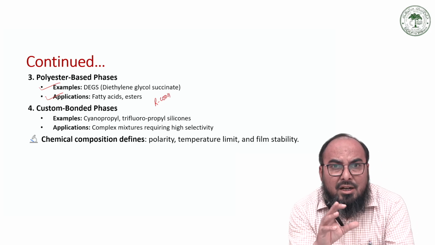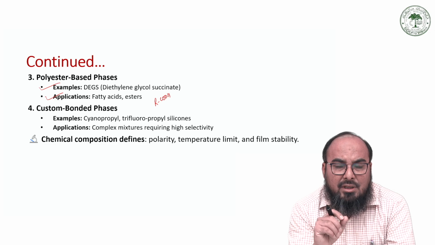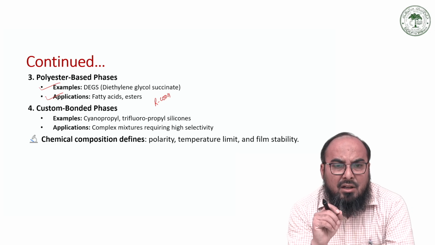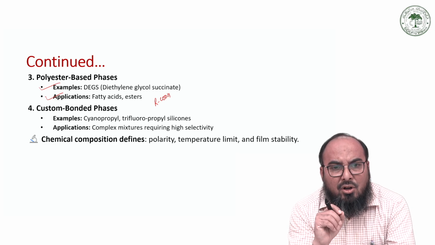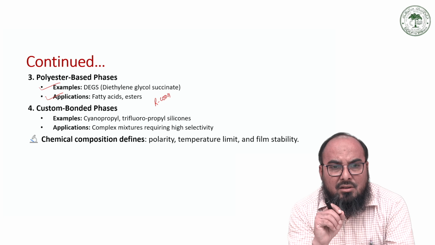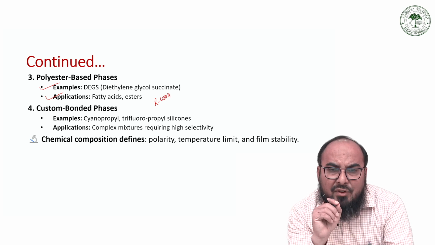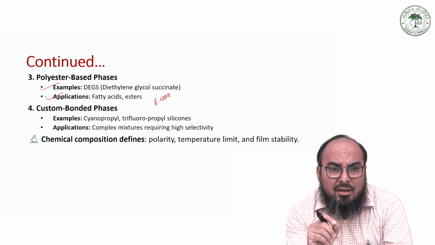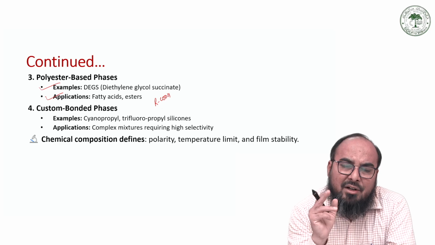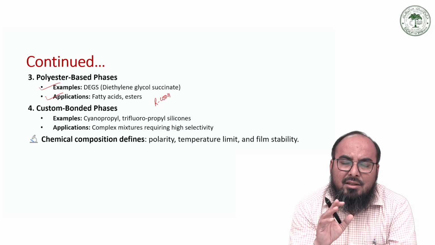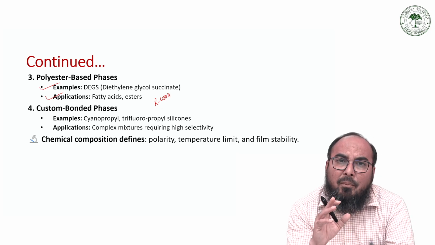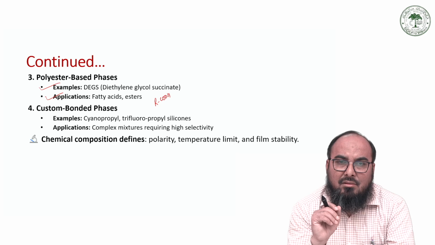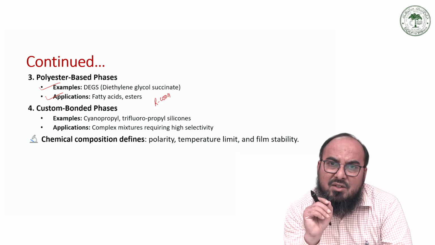Similarly, you have certain custom based phases, that is, specific ones. For example, the cyanopropyl or the trifluoropropyl silicones. Now, because of the induction of a specific group, you have actually facilitated a specific type of interaction. And now you can even separate complex mixtures by inducing specific groups.